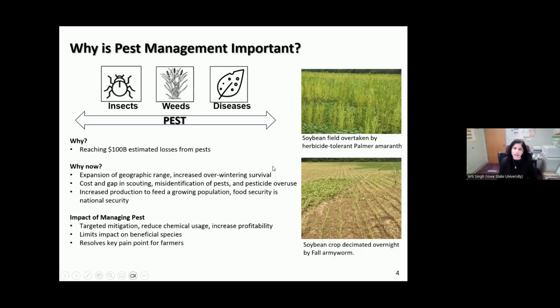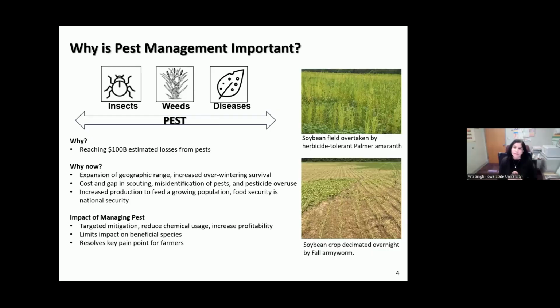So now the question is why this problem is important. We are seeing increased overwintering by these insect pests. We are also seeing an increase in geographic range. We are seeing these pests in areas where they were not appearing. And we are also seeing that there is cost involved in scouting these problems. We have misidentification of pests.